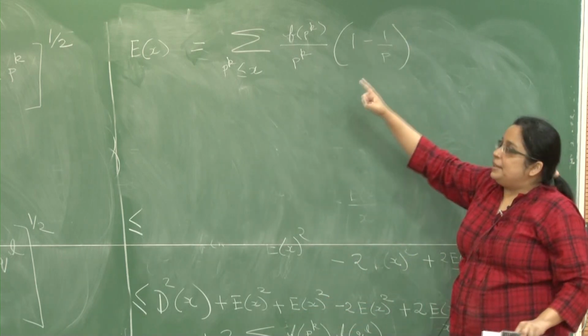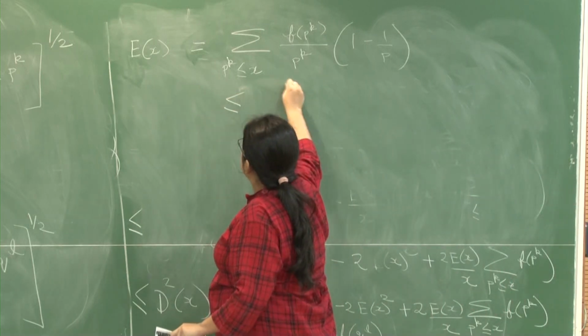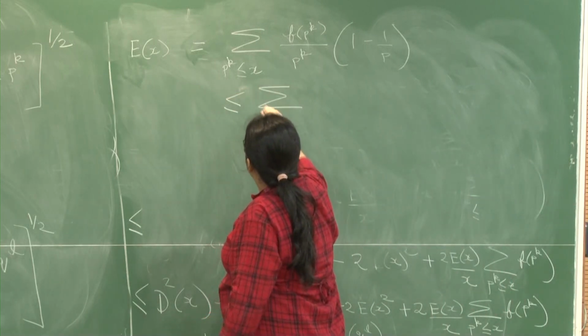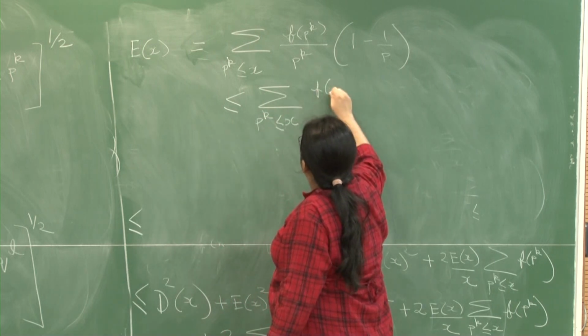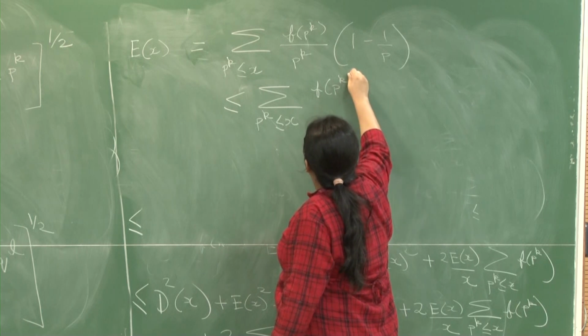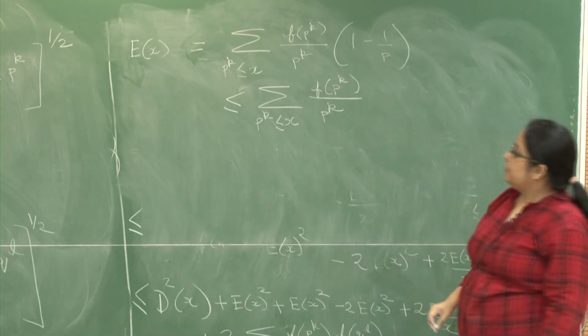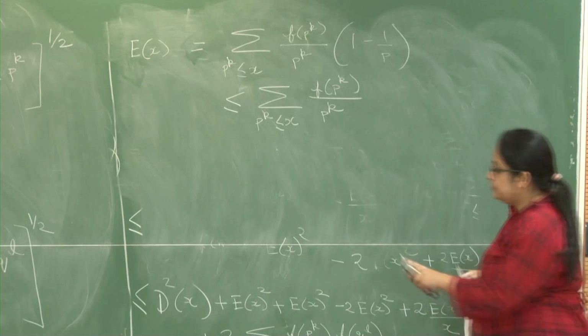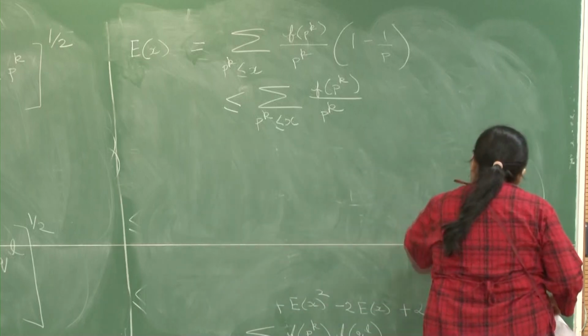1 minus 1 by p is less than or equal to 1. So, clearly this is less than or equal to the summation of f of p to the k over p to the k, right? Now, again we can apply the Cauchy-Schwarz inequality.